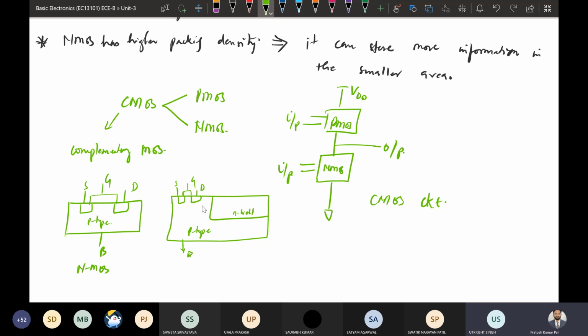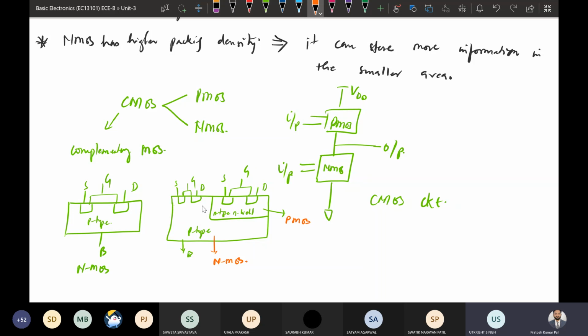On the N well, which is of N type, another MOSFET will be fabricated, with its gate, source and drain. So this is a PMOS and this is an NMOS. On a single substrate we have both NMOS as well as PMOS.